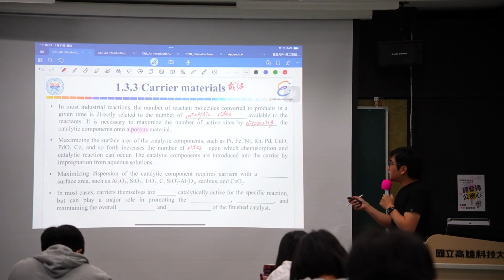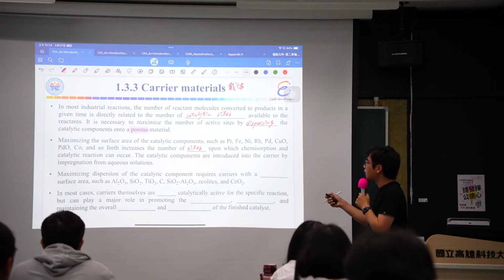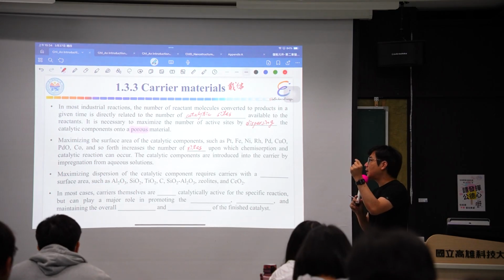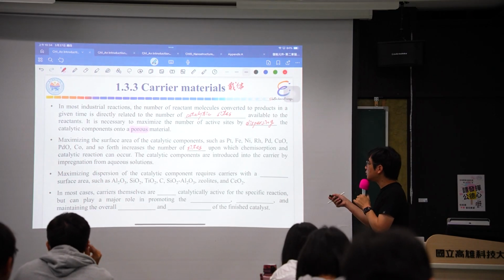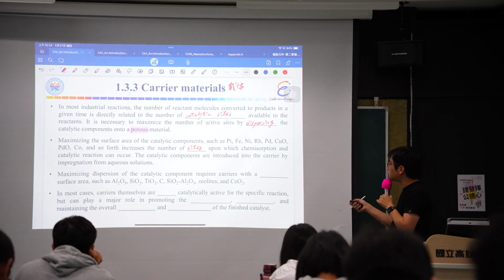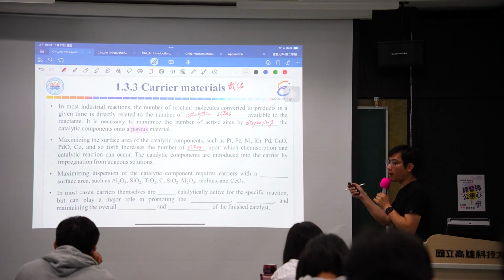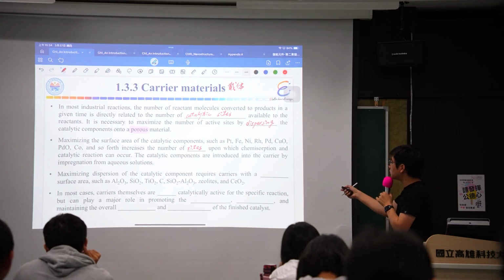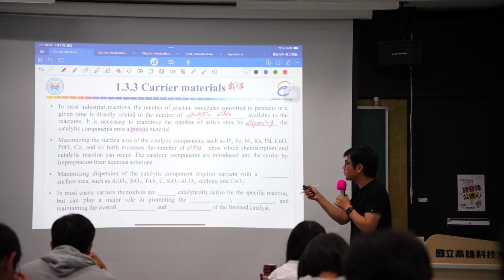Okay. And so forth increases the number of sites, upon which chemical and catalytic reaction can occur. Chemical and catalytic reaction can occur.